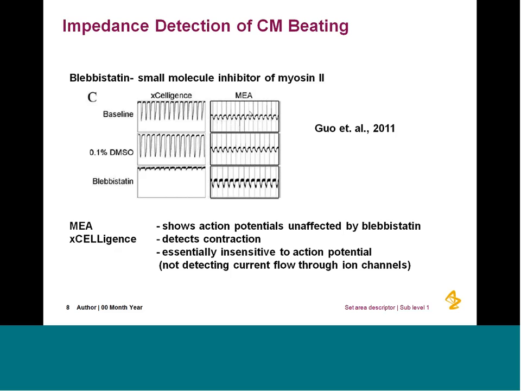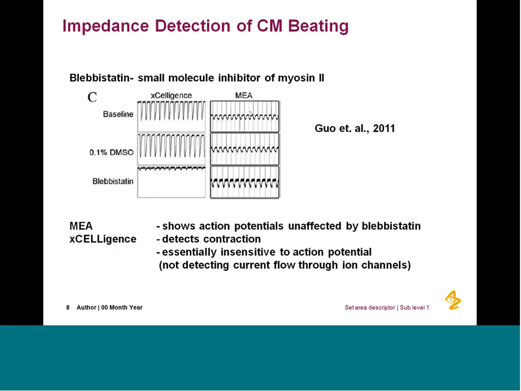It does not block the action potential, and that's important. What it tells you is that the action potential is still happening here, but xCELLigence does not detect current flow related to ion channel openings and all of the features of an action potential. That can be happening, and there's no signal.